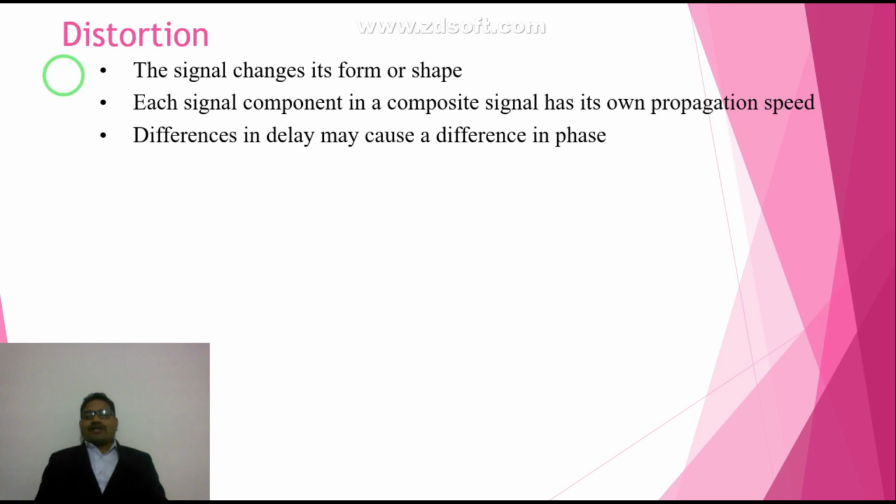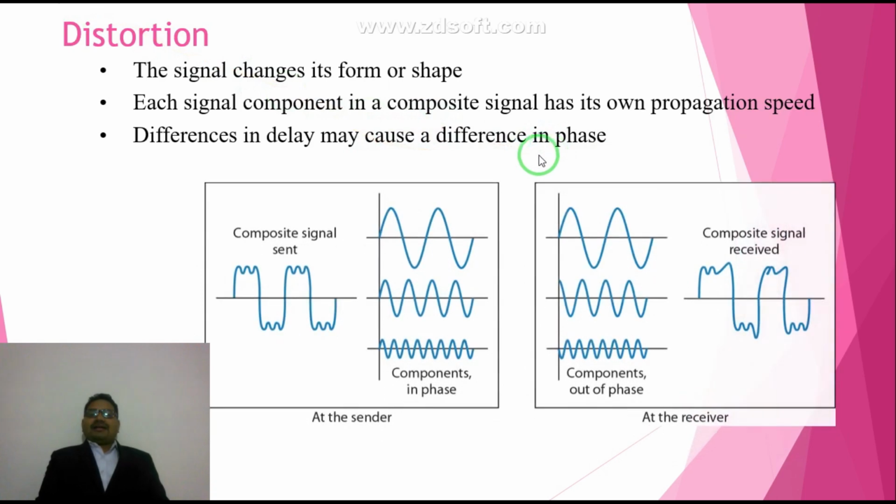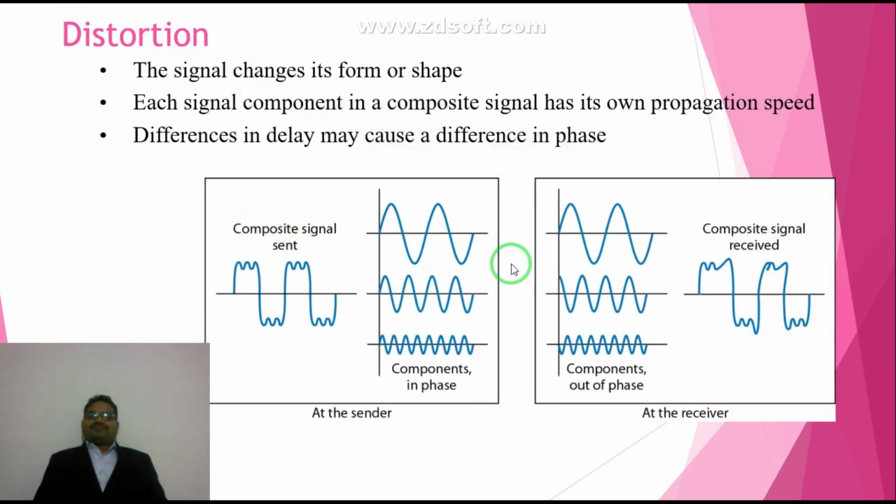So all those signals arrive at the destination with their own, different delays. Due to these differences in delay, the different frequency components may cause a difference in phase. That's why they change the shape.